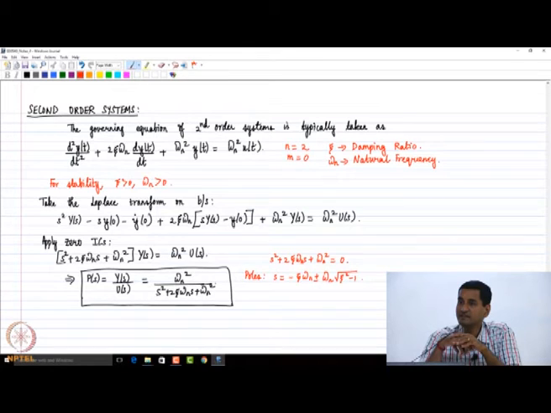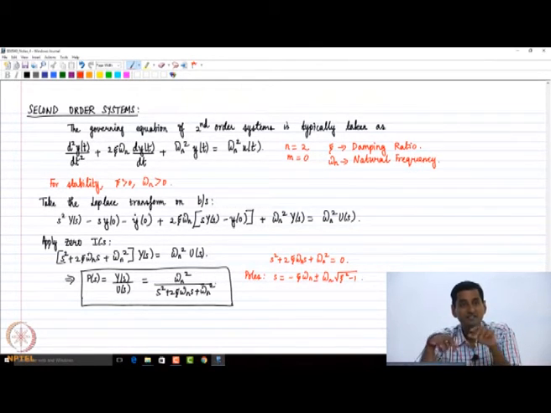Now, what can you say about the nature of these poles? The nature of the poles depends on the value of zeta. If zeta is less than 1 but greater than 0, zeta squared minus 1 is negative, so the square root term is imaginary and the poles become complex conjugates.